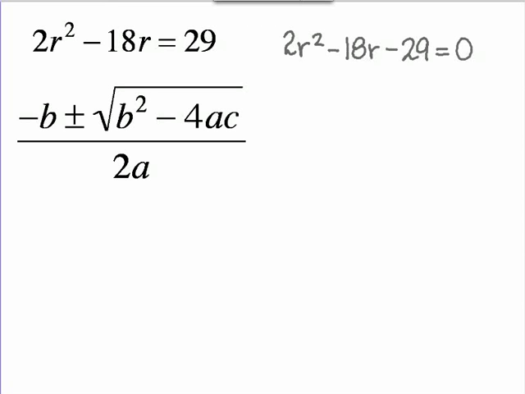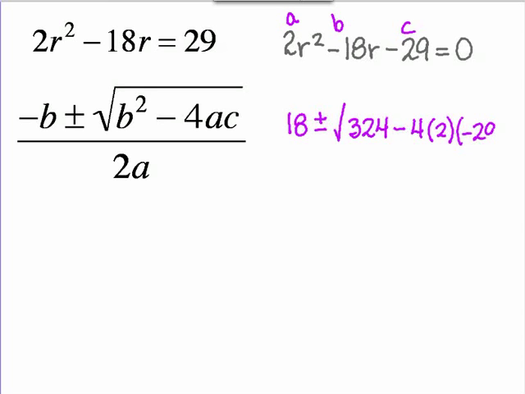So now I need to identify A, B, and C. Identifying A, B, and C, I'm going to do a negative b, which should be 18 because it's the negative of a negative, plus or minus the square root. What is negative 18 quantity squared? 324 minus 4 times A times C, all over 2A.